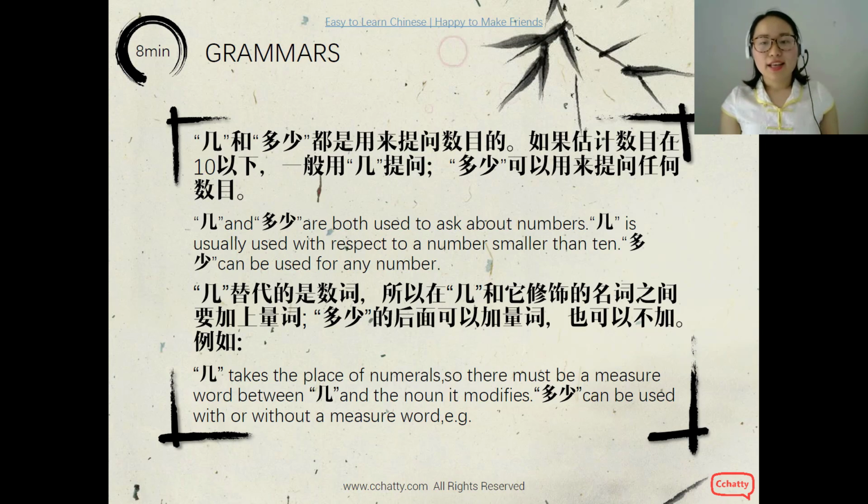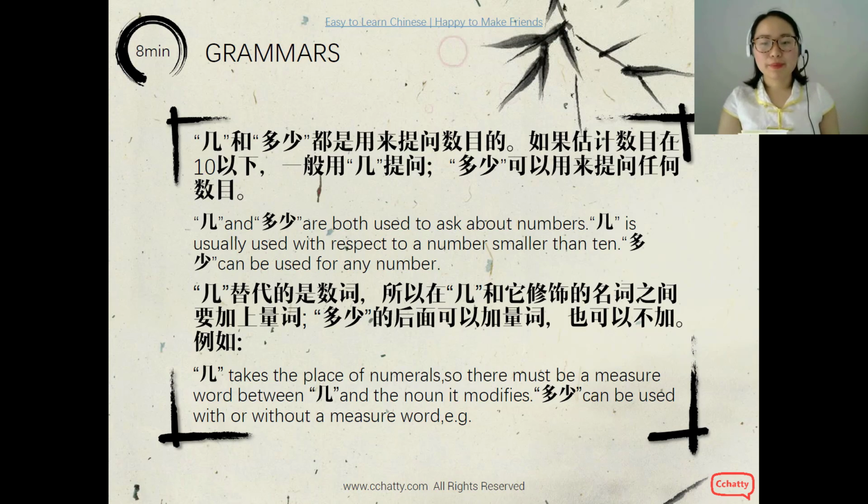And 多少 can be used for any number. After 多少, you can use the measure word or you don't need to; that's okay. If I ask how many books you have, maybe I have 100 books, 100本.